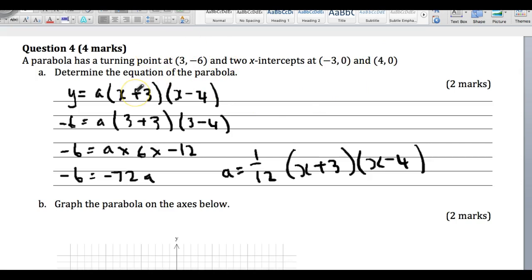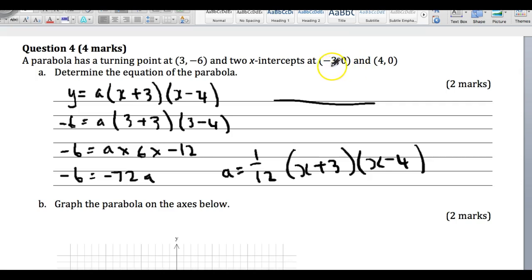Yeah, this question, I think my turning point is incorrect because the x coordinate of your turning point should be halfway between these two. So negative 3 and 4.